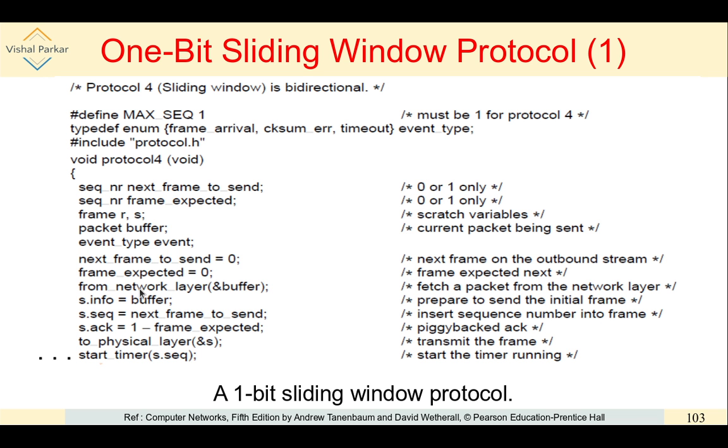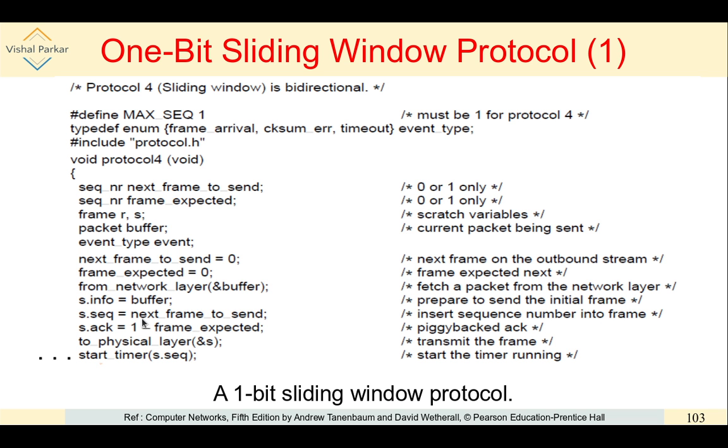Now, at the initial go, a packet will be accepted from the network layer that will be stored into buffer, and that part will be stored into the info variable of the frame S, whereas the sequence number will be given as next frame to send, which was initialized to 0, whereas the acknowledgement is a toggle between 1 and 0 that is made by 1 minus frame_expected.